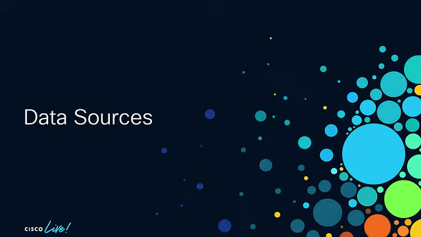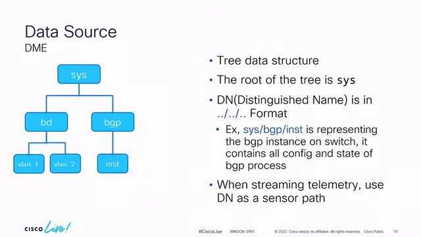The first thing we need to think about is the data source, because on NX-OS we have different data sources for streaming telemetry, and each data source has its advantages and also its disadvantages. So you need to think about it based on your requirements. The first thing we're going to talk about is DME.